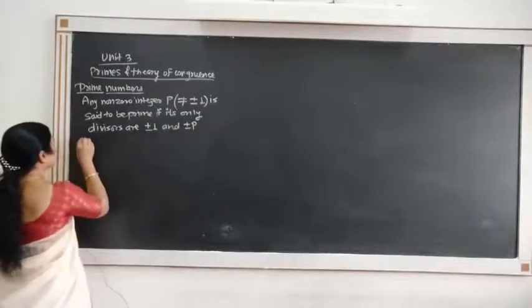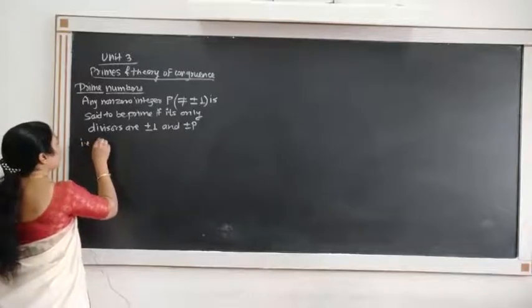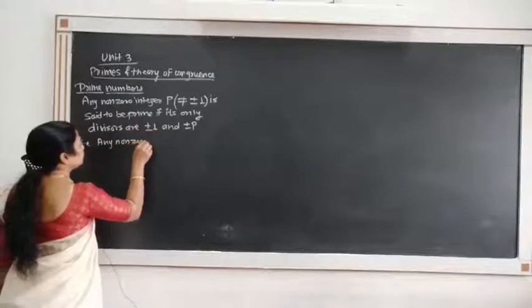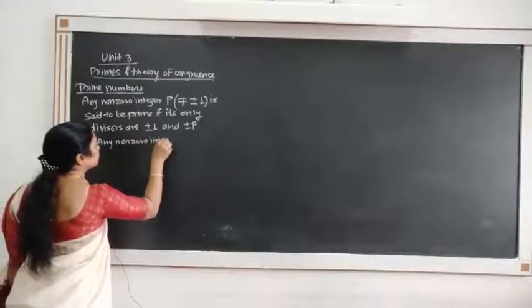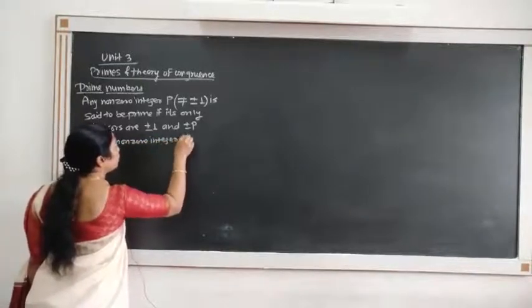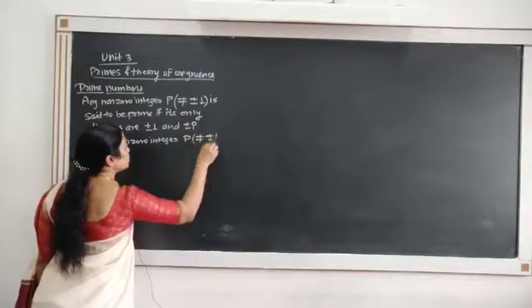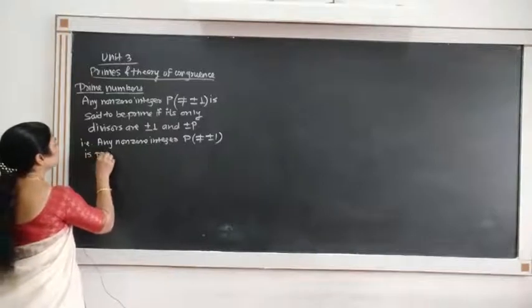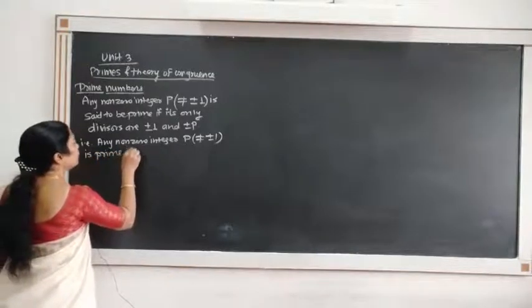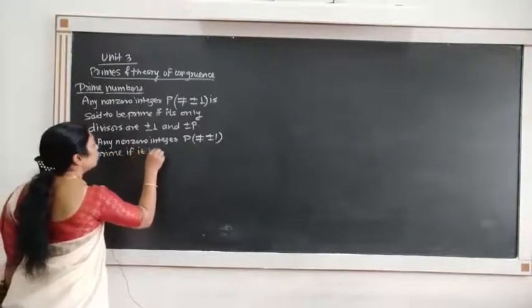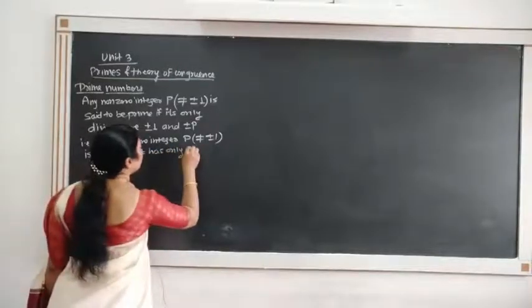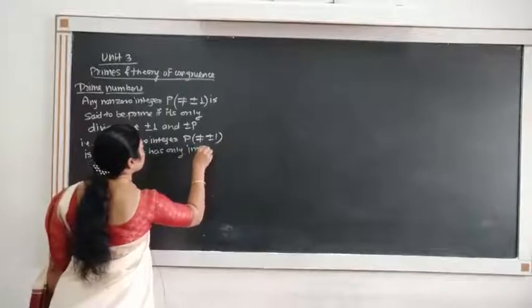That is, any non-zero integer p not equal to plus minus 1 is prime if it has only improper divisors.